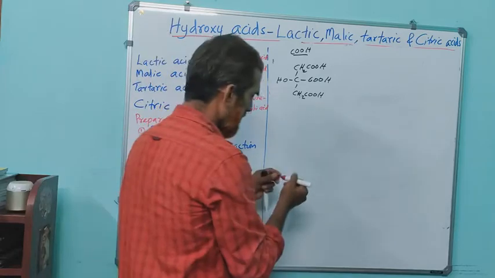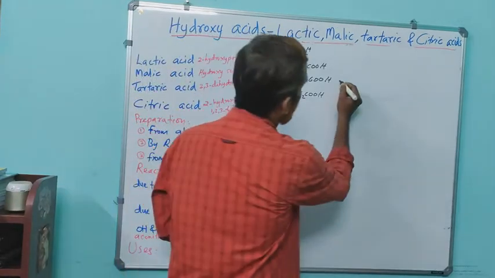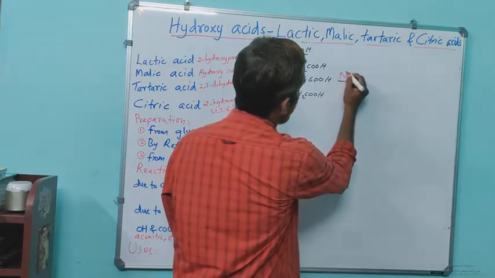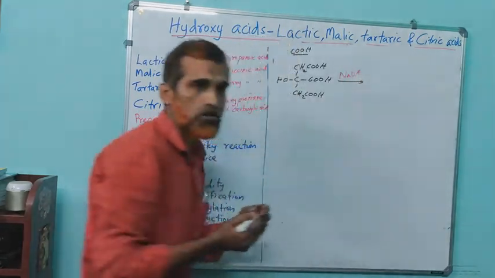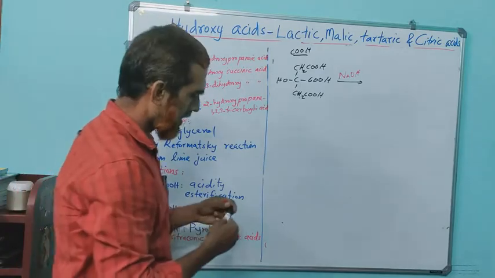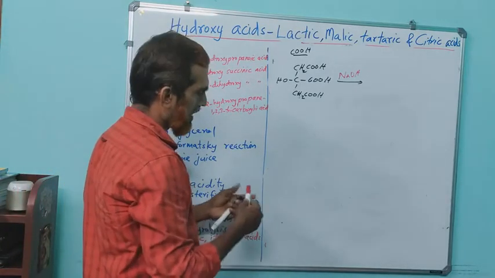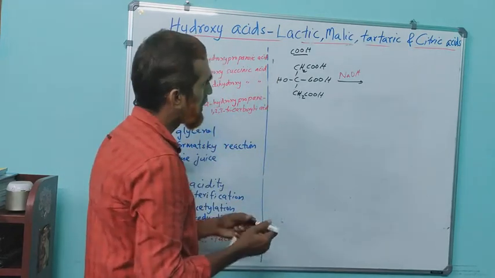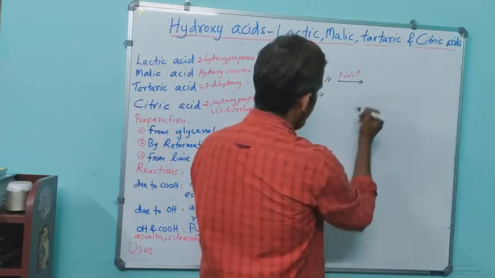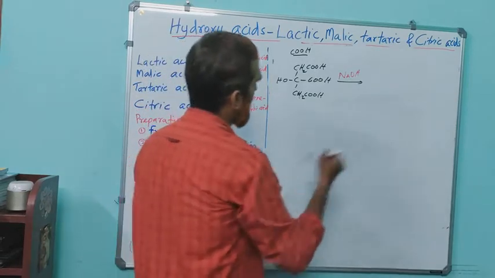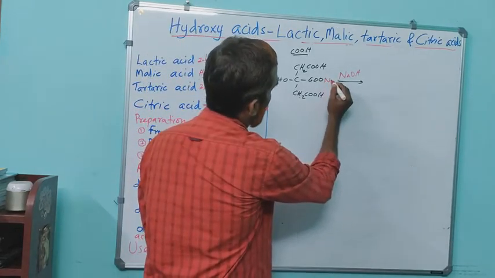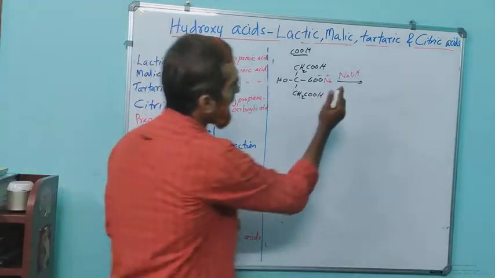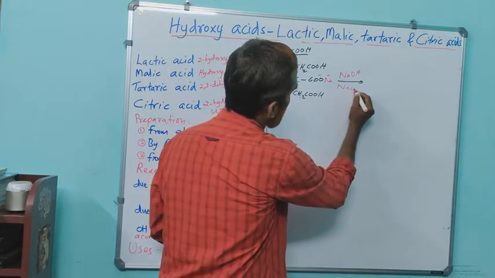If one equivalent of NaOH is added, it will form monosodium salt. This acid is more reactive, maybe because of the presence of OH. So you get the first, it becomes COONa, monosodium citrate.